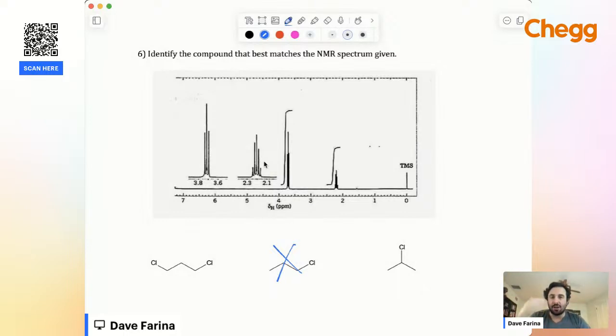Integration is actually area under the curve. It's not height. It's literally the area under the resonance. So the broader it gets, the more area there is under there, which can be misleading. It's not just peak height. You can't just look at that and determine integration that way. You actually assign it on the computer. The computer does it for you. You highlight it, and it gives you the relative integrations based on pixels.